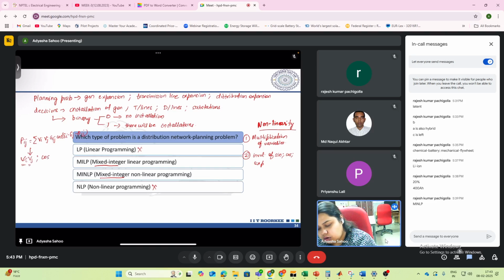Then there is also cos terms. That means these equations are nonlinear. So that then brings us that our problem is a nonlinear programming with binary variables. That's why we are handling a mixed integer nonlinear type of problem here.